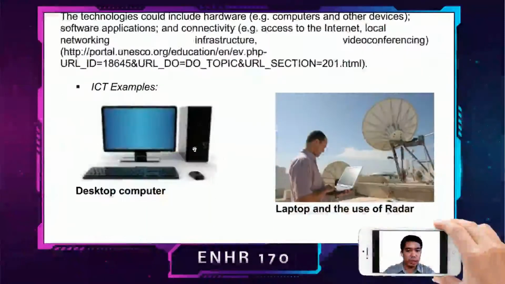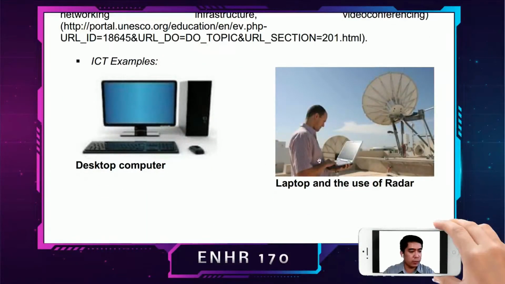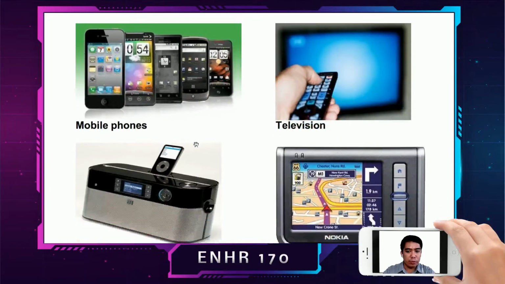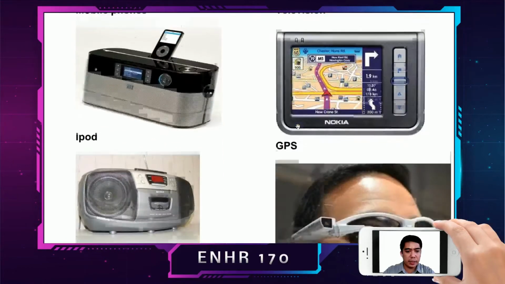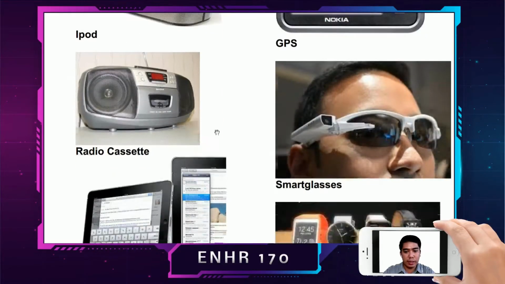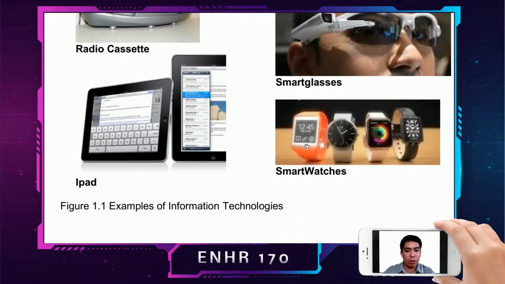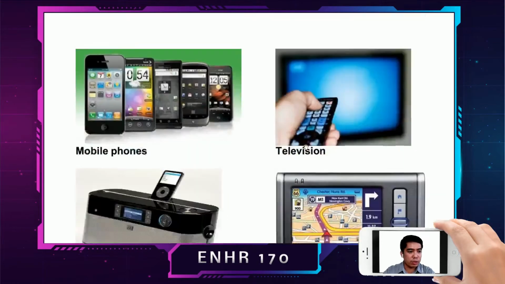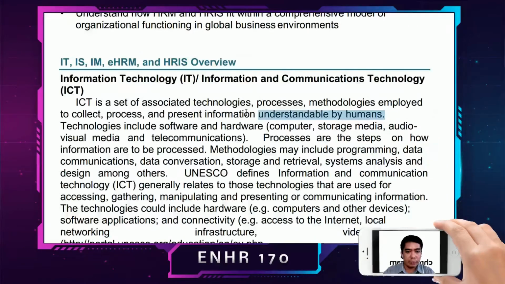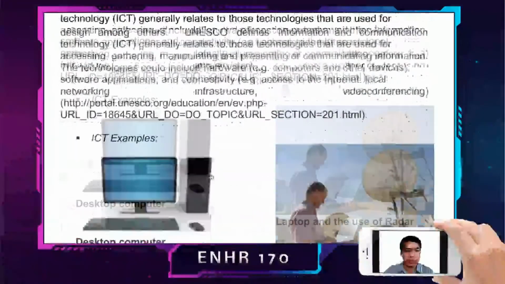So marami, these are examples, your computer, your laptop, and the use of radar, the use of television, mobile phones, iPods, GPS, smart glasses, even radio cassettes, yung mga tablets ninyo, iPad, smartwatches. Okay, these are all example of information communication technologies because based on our definition, anong ginagawa ng mga technology na to? They collect, process, and present information understandable by humans.